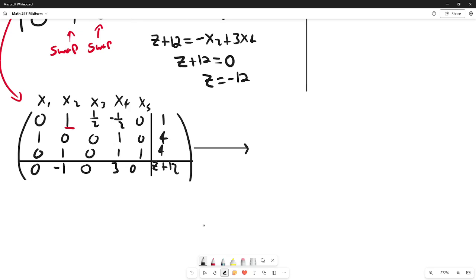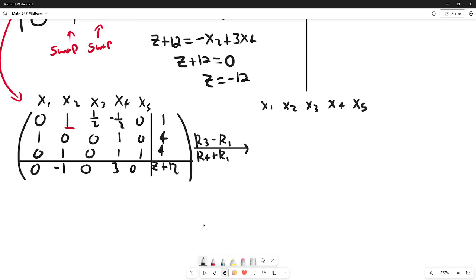Okay, and remember we said R3 minus R1, and R4 plus R1. So x1, x2, x3, x4, x5.